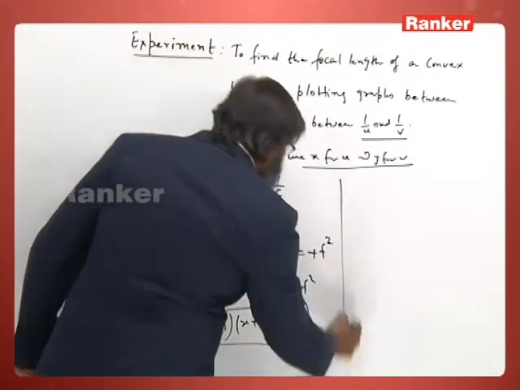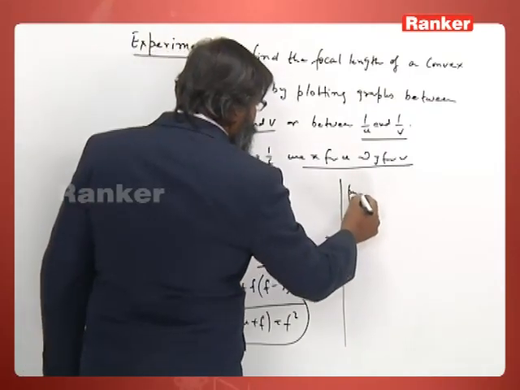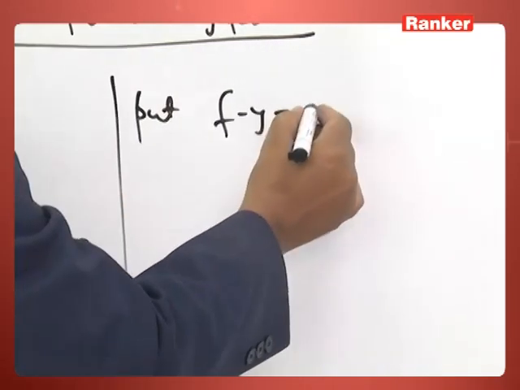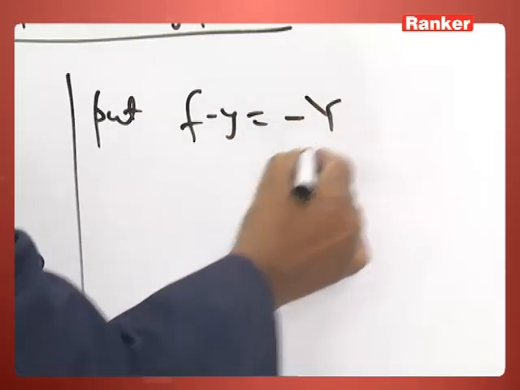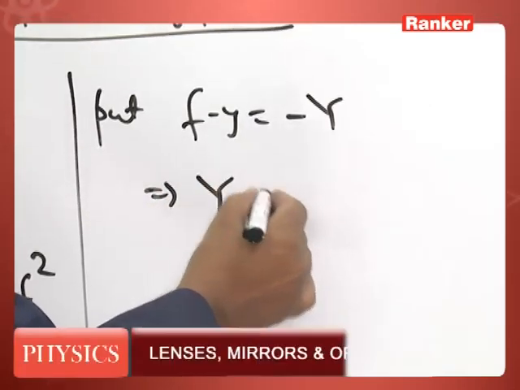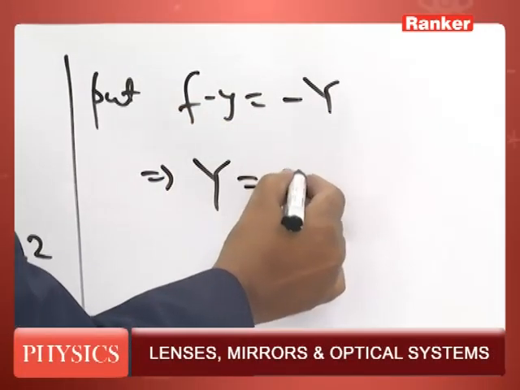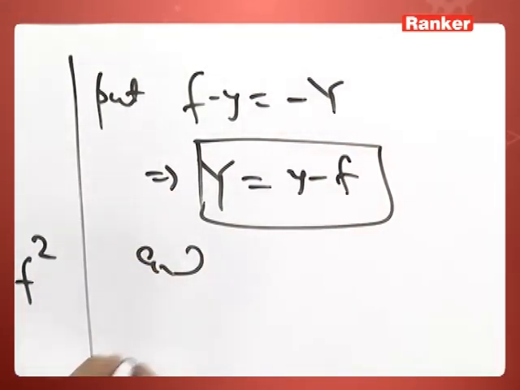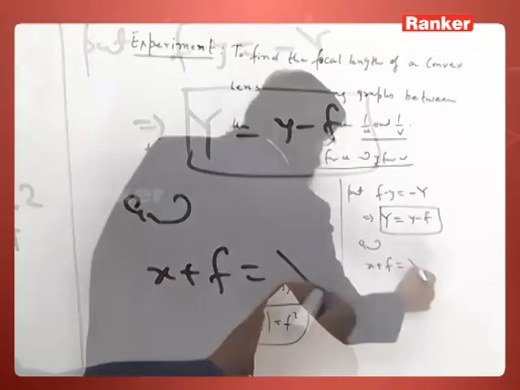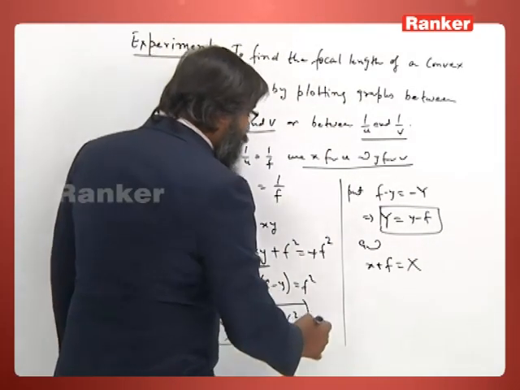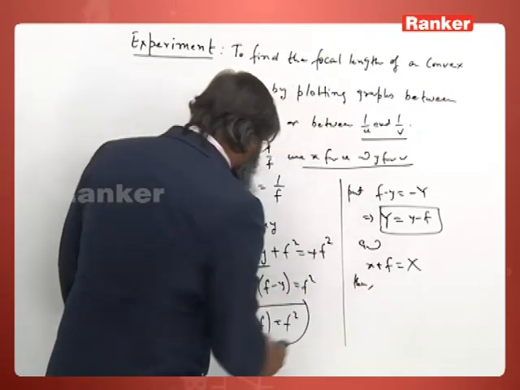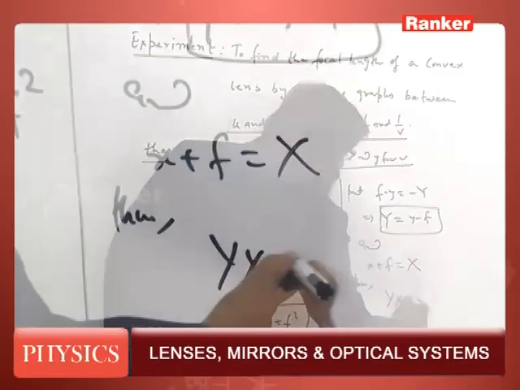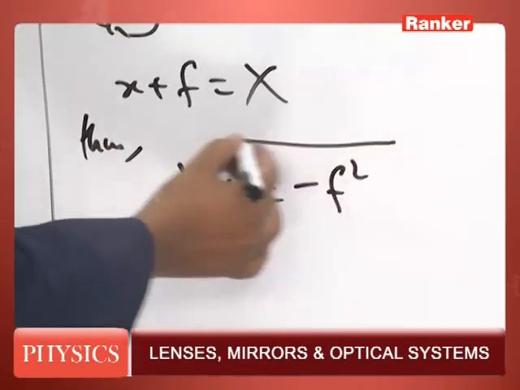Now let us replace, let us put f minus y as minus Y, implies we have Y is equal to y minus f, and we will put x plus f is equal to X. Thus the equation becomes Y into X is equal to minus f square.